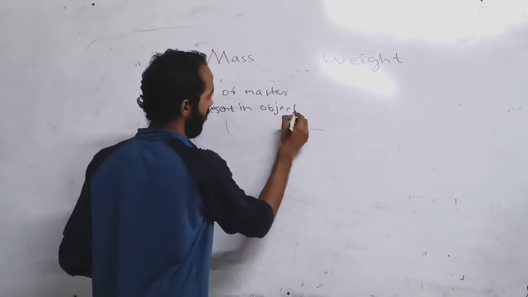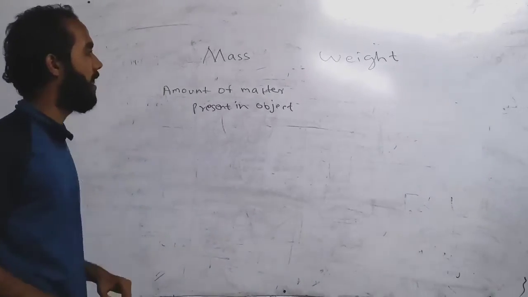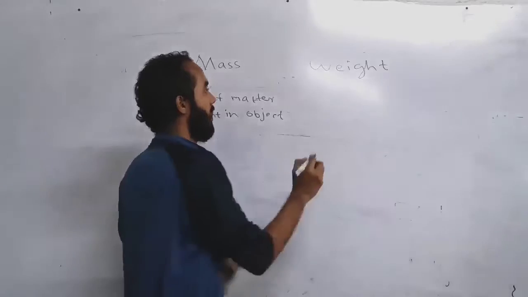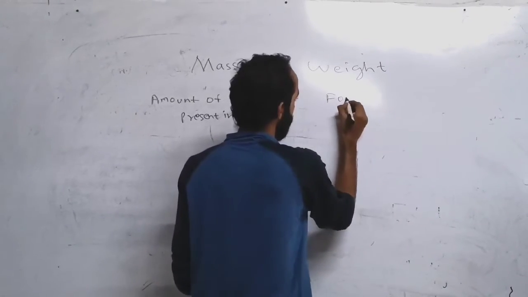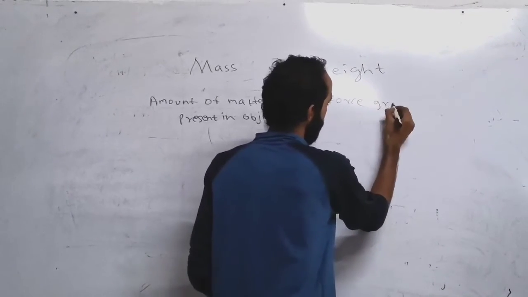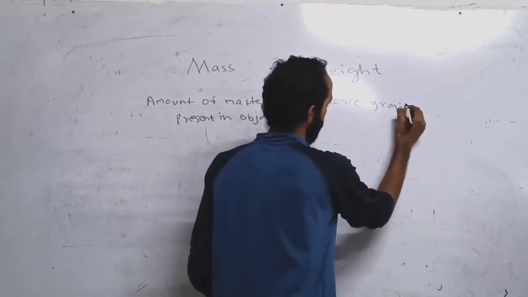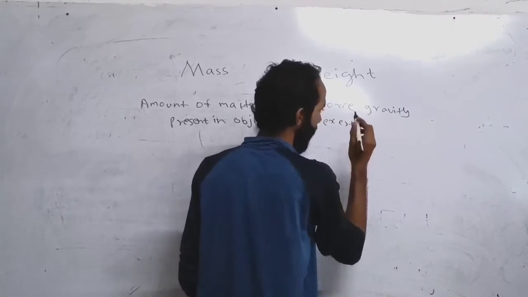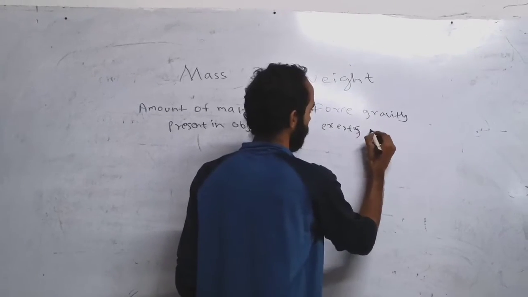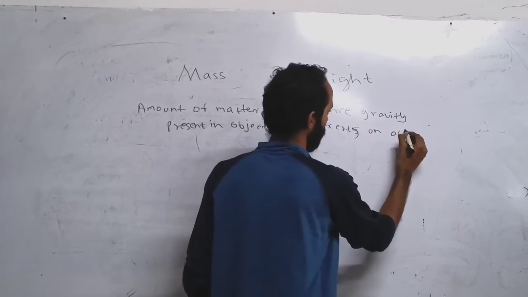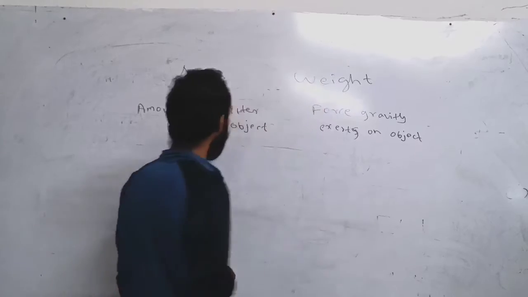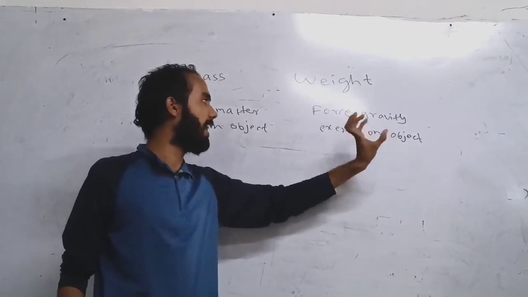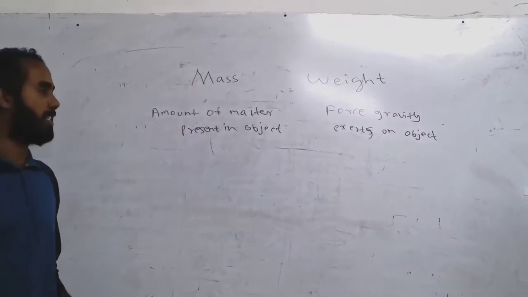And weight is the force that gravity exerts on our body or any object. So mass is the amount of matter, and weight is the force that gravity exerts on any object.